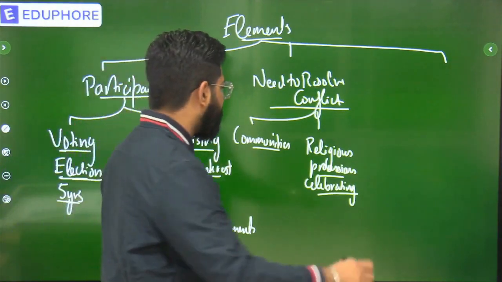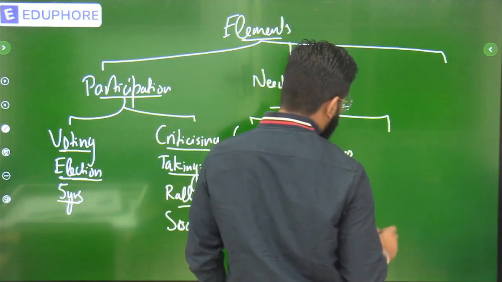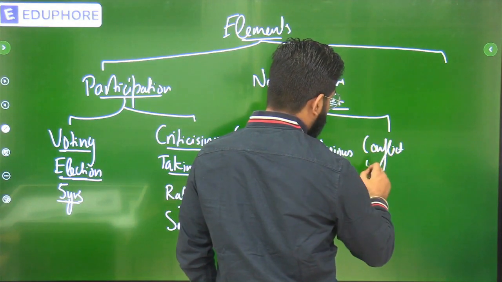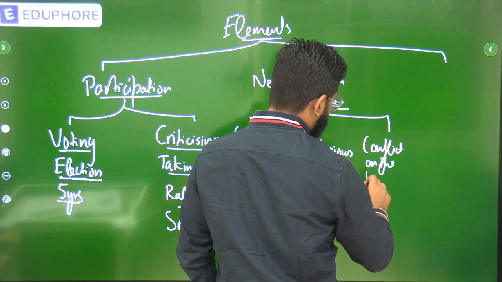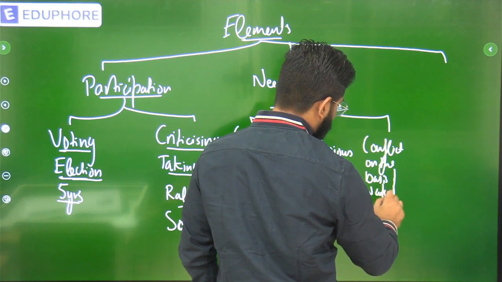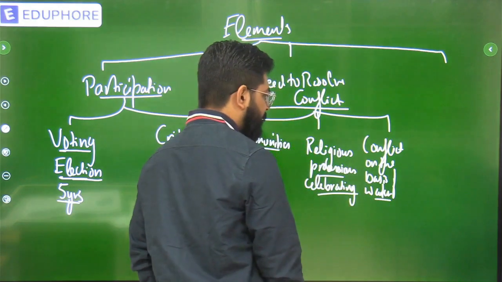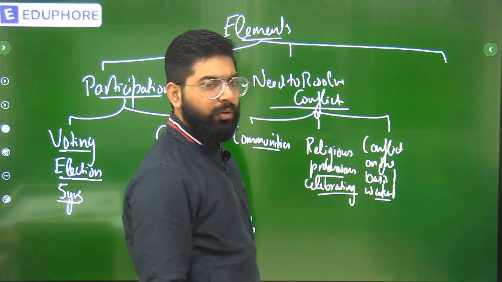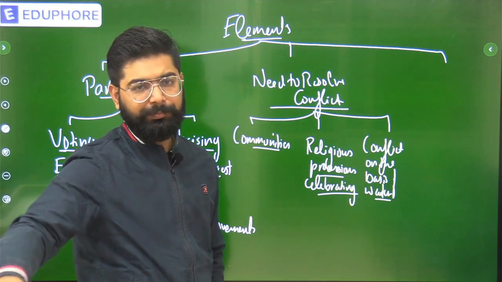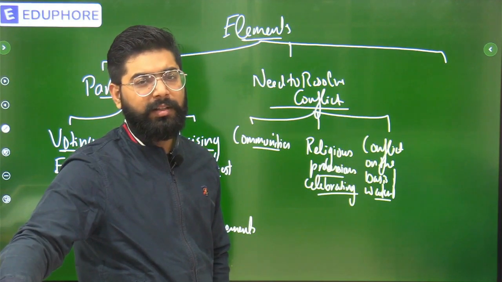The third and important type of conflict can be the conflict on the basis of water. The NCERT mentions a very old conflict between two states regarding the river Kaveri.